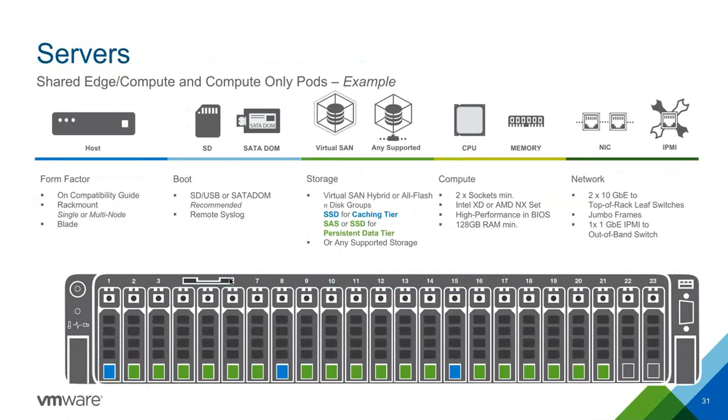What are the requirements for those workloads? Of course, VMware can help you size those appropriately, but we're not going to dictate how you lay out and what hardware you pick specifically for your compute pods. That make sense?